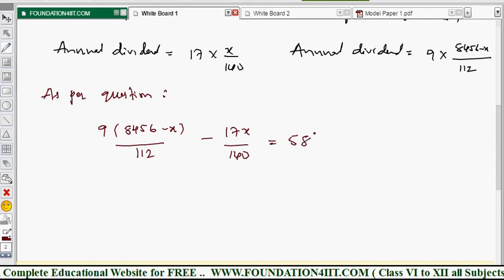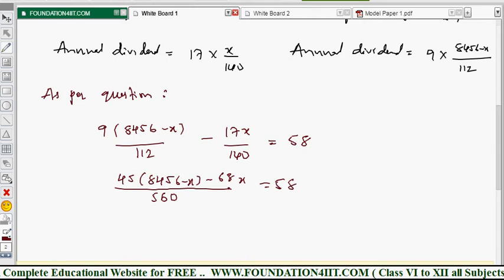Now if you simplify this, you will get the value. I can take 560 as the LCM of 112 and 140. Then 9 times 5 is 45, and 17 times 4 is 68, so 45 into (8456 minus x) minus 68x equals 58 into 560. I took the LCM for both.